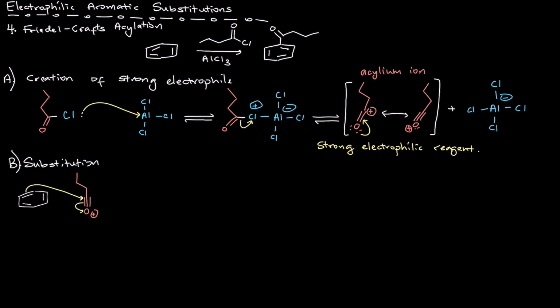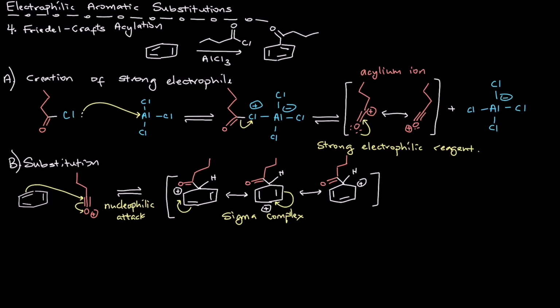Your benzene can nucleophilically attack this incredibly electrophilic acylium ion at the carbon, and then one of the pi bonds would have to break and then move over to the oxygen, which then gives you, once again, your sigma complex, where now you've added that acylium ion at the carbon onto that benzene, and then the carbocation character now exists at the ortho and the para position with respect to that electrophile that you just added. So this is now back to your square one, good old electrophilic aromatic substitution mechanistic scheme.